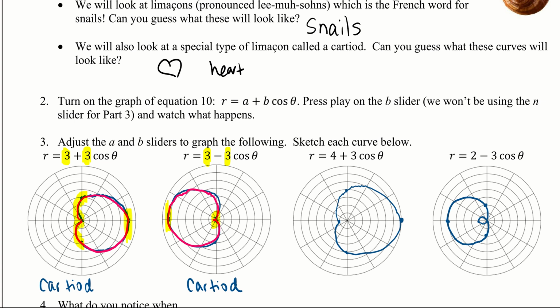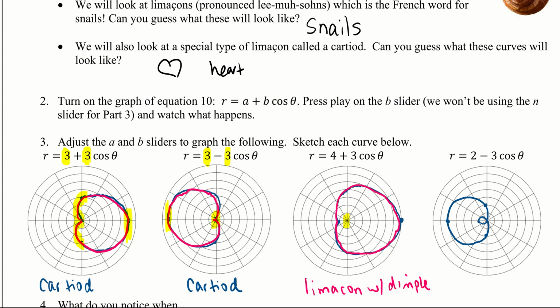This next one over here still has a little bit of that kind of heart shape, but it doesn't go to the origin. In fact, I think when you graph it on Desmos, it's pretty flat right there. It doesn't have much of a dip. There's just the tiniest little one. This is called a limaçon with dimple.